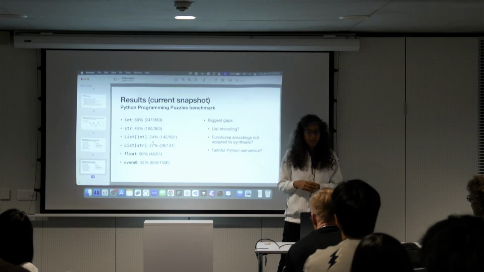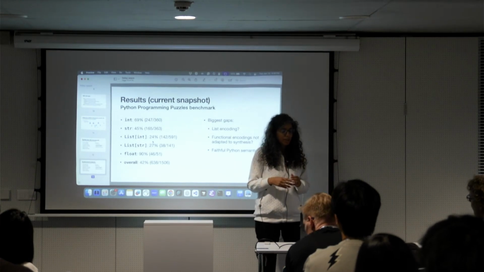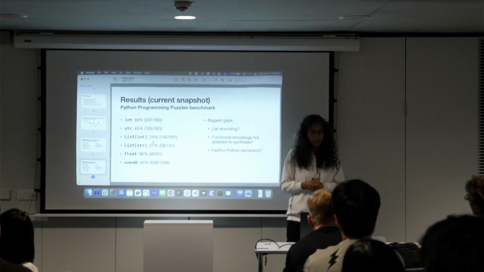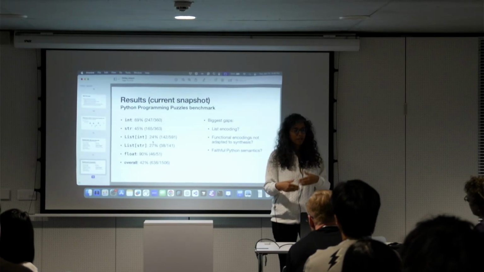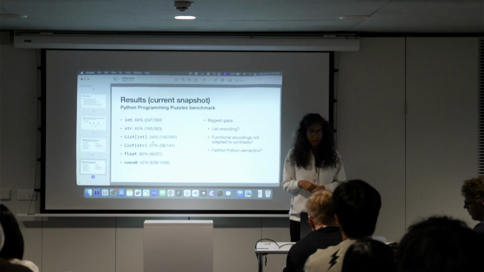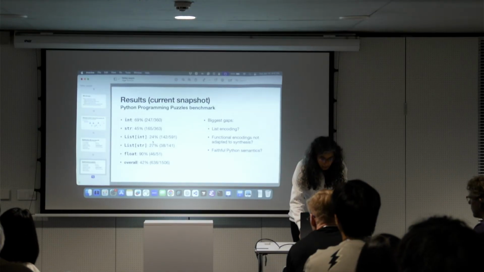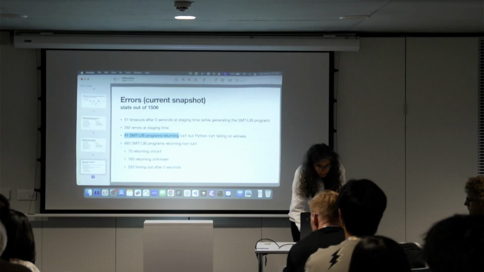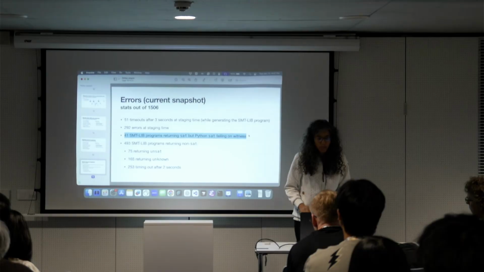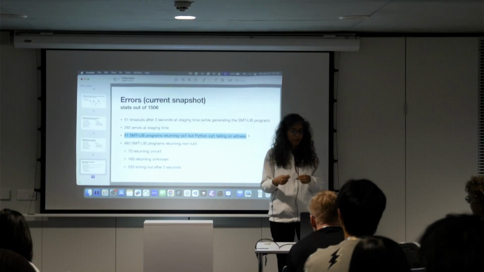So really the main issue with not getting higher numbers is that encoding things in an SMT solver forces a functional reading that is not really compatible with synthesis. Some of the errors we see are, for example, soundness issues where we return SAT and find a model, but it's actually failing in Python.